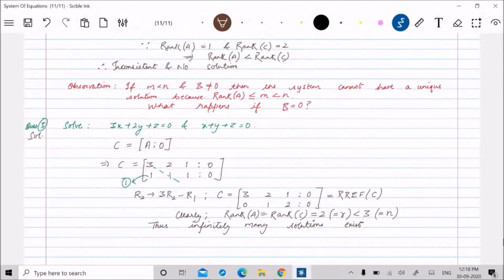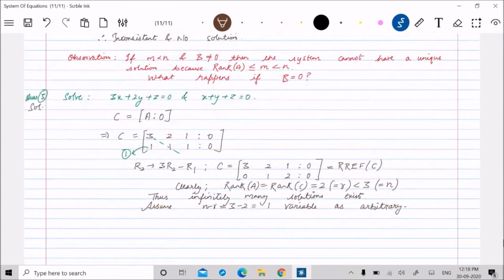And if I ask you to find those infinite solutions in just one line, that can be done by assuming n minus r variables, and n minus r will be 3 minus 2, which is equal to 1. It means that you have to assume one variable as arbitrary if you really want to answer this question, right?